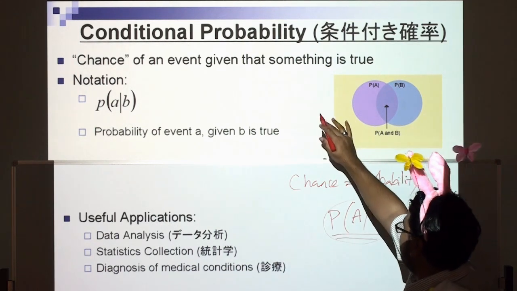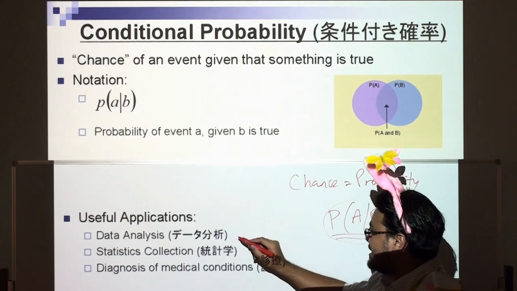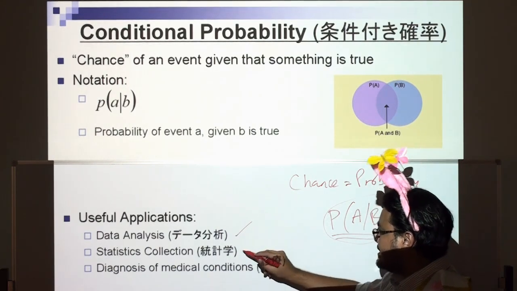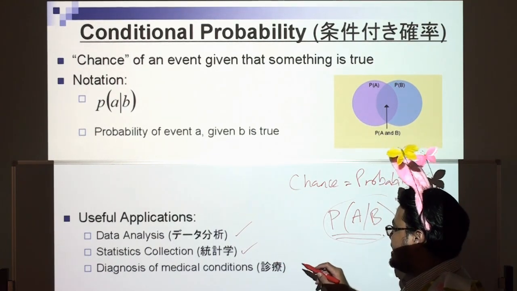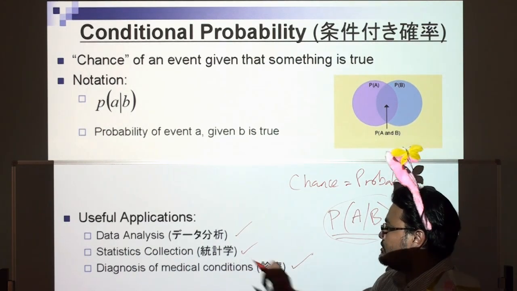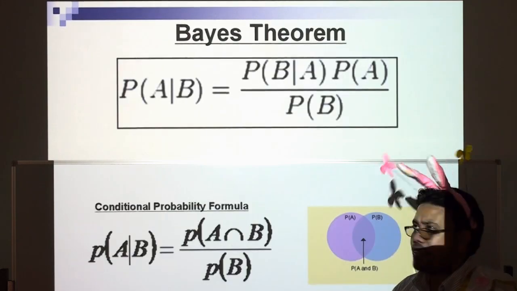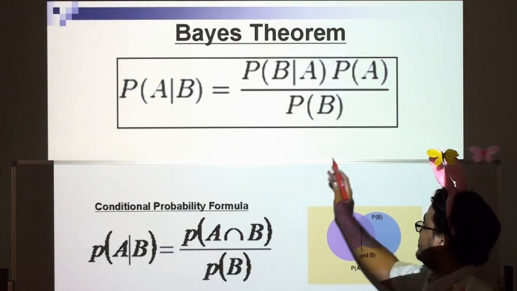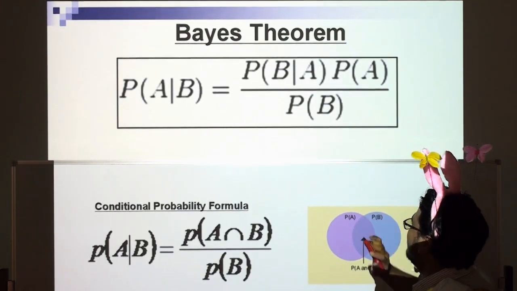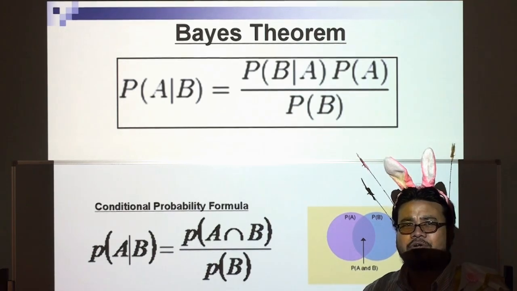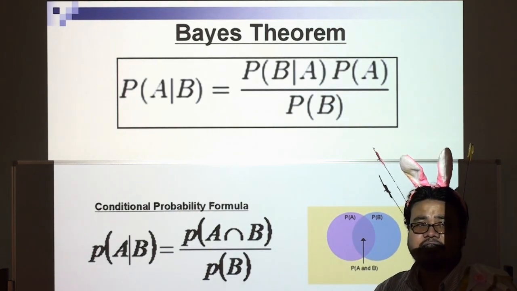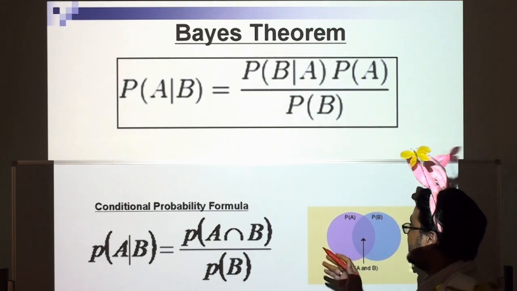Useful applications of conditional probability include data analysis, statistics collection, and diagnosis of medical conditions, as we'll see later on. Now let me briefly introduce the next topic, Bayes' theorem. This is one of the most important theories in maths, in statistics especially.